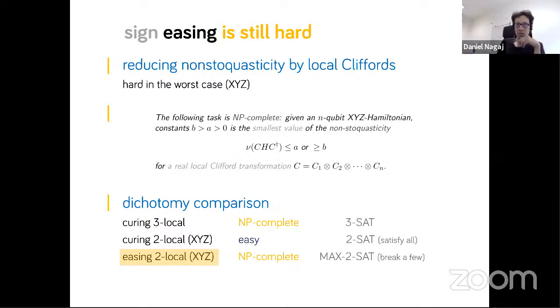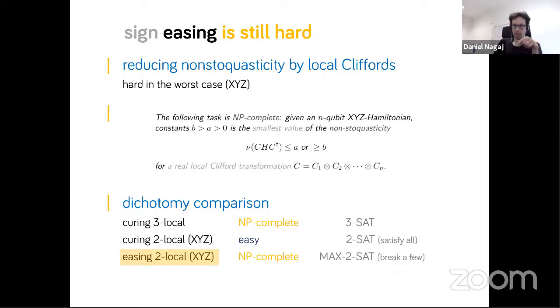And our result is interesting because it fills a hole in our understanding of a dichotomy, because for complexity problems called satisfiability, we know that two-SAT, so figuring out whether you can satisfy all conditions for pairs of bits in a string, for example, saying that this pair of bits cannot be in the 0,0 state and this pair of bits cannot be in the 0,1 state, and you have many conditions like this on a string, this can be solved classically.